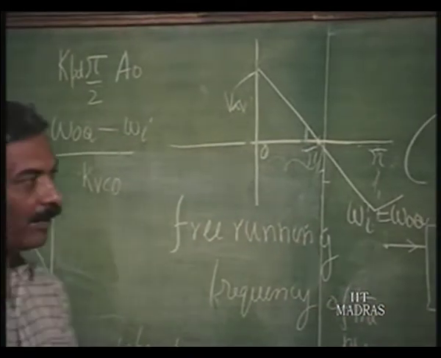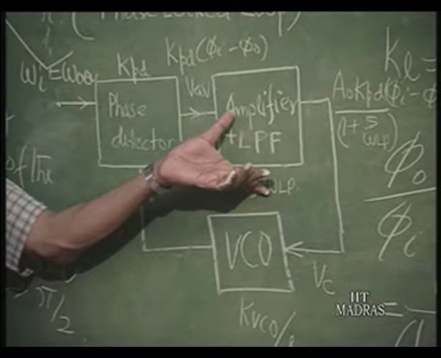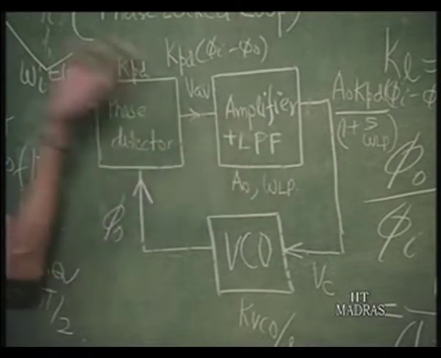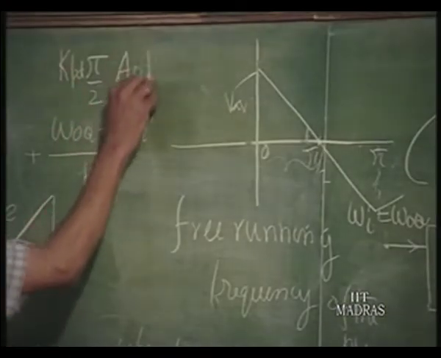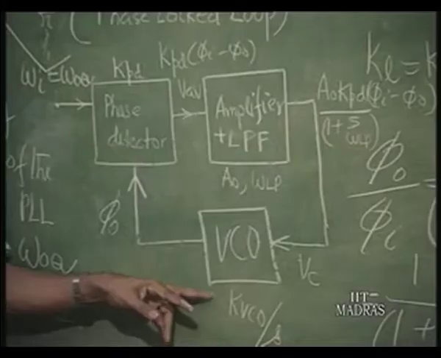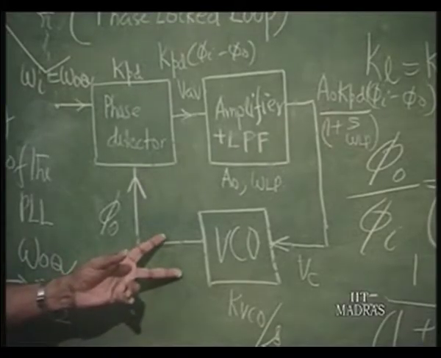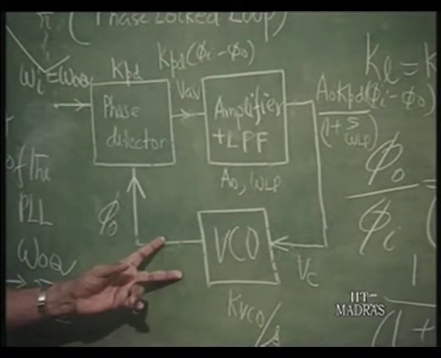As long as the amplifier is not getting saturated before it reaches this voltage, this is the voltage it is likely to reach. This into KVCO, the sensitivity of this, is the maximum frequency deviation from omega naught q it can reach on either side of omega naught q.